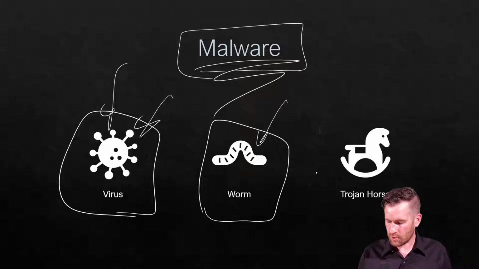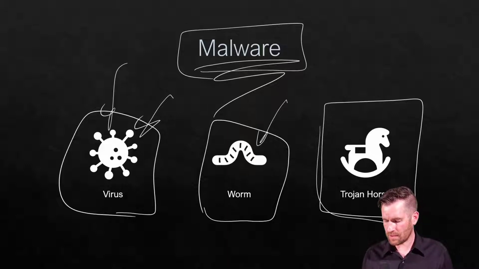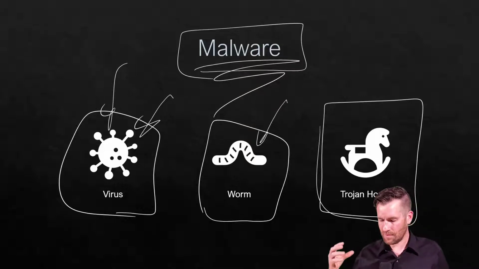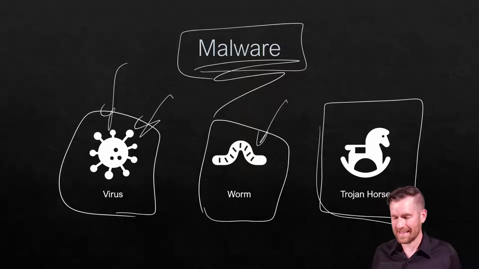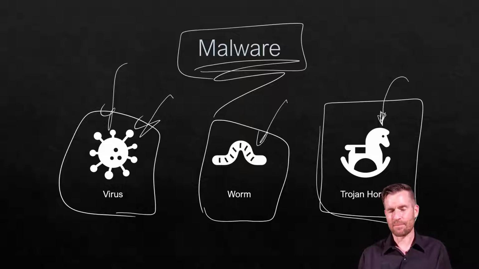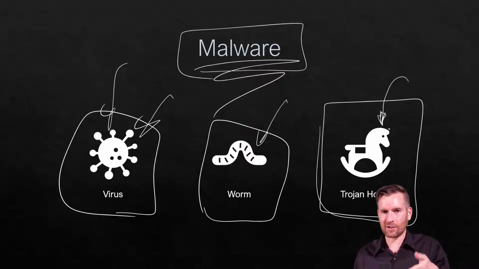Then we have the Trojan horse. The Trojan horse is similar to the old story about the army being in the Trojan horse, and they got behind the gates and then stormed the city and took over the city. Well, that's the idea behind this. It's a piece of software that looks legitimate on the outside.